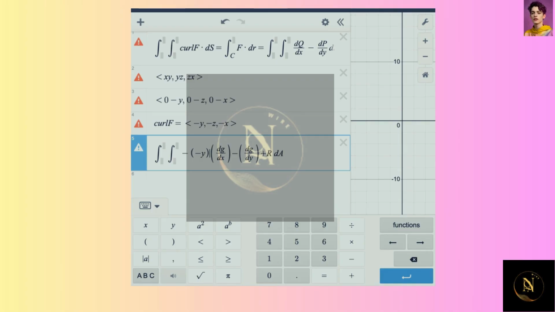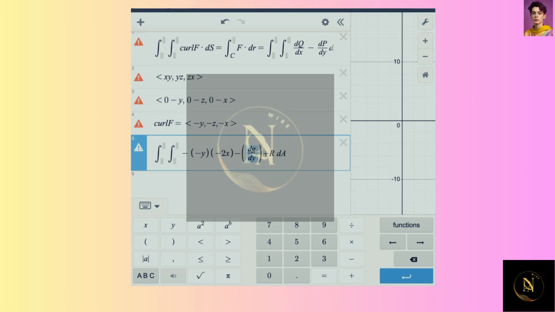So given that we know dS will do this, this will be a negative 2x. This is because we know that g, or the z function, is 1 minus x squared minus y squared. So this is where the negative 2x is coming from.